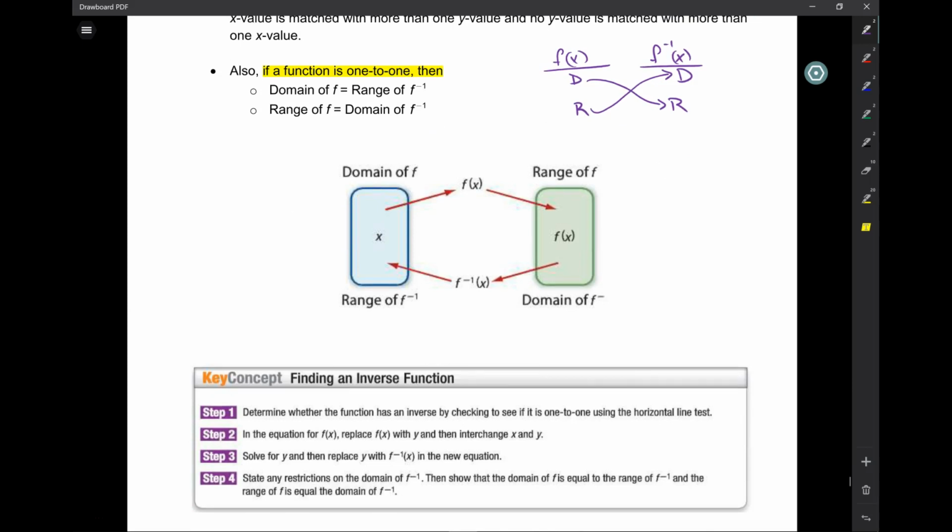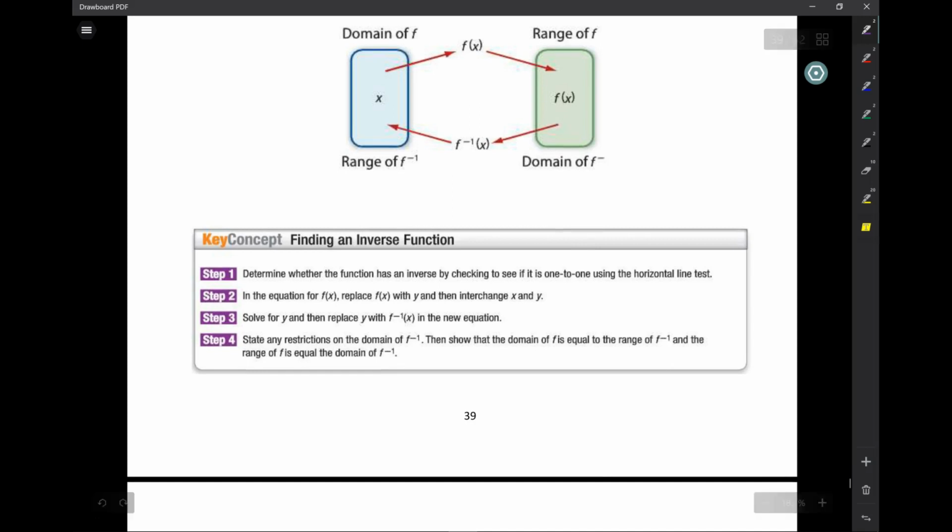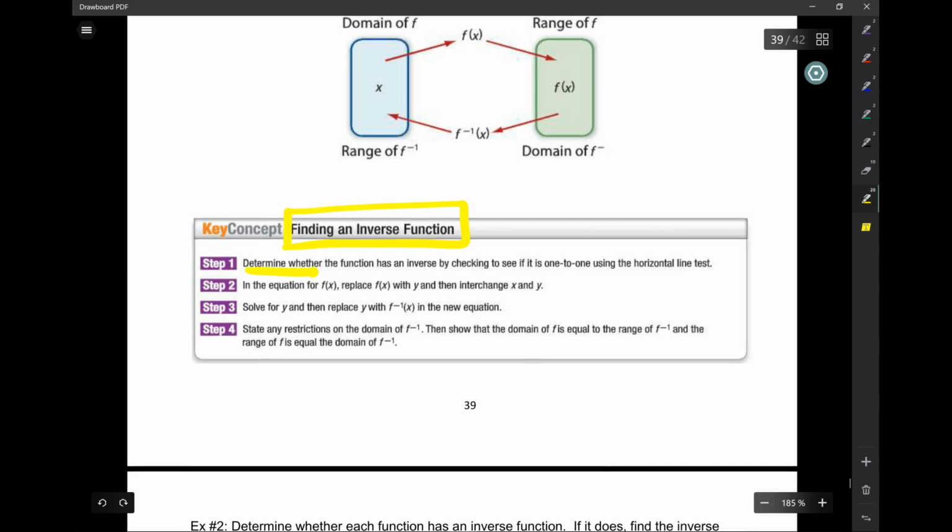Okay? So how do we find an inverse function? This you've done in Algebra 2. First, determine whether the function even has an inverse. And if it doesn't have an inverse, you could do a couple of things. You could restrict the domain like we did for the sine, or you could look at other options.